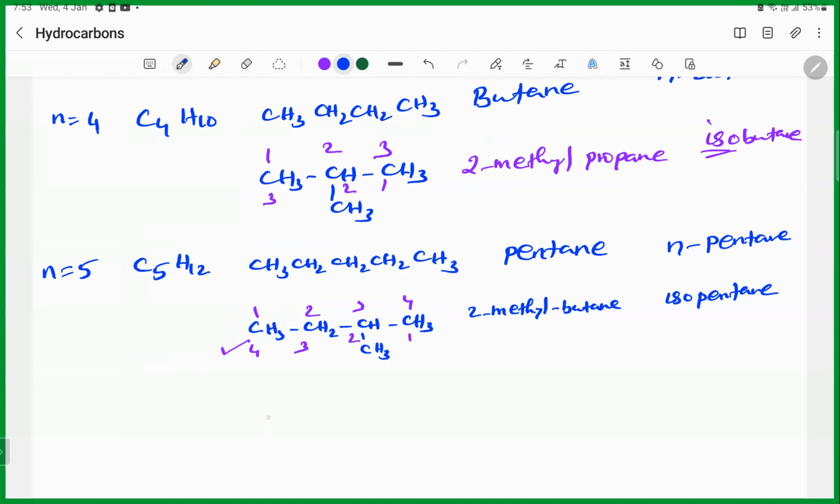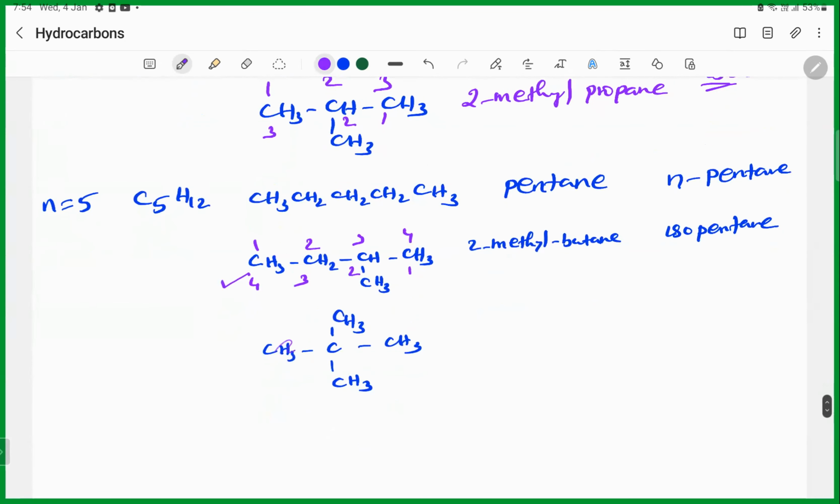Suppose the same compound I write as CH3, C, CH3, CH3, CH3. If you count, you will get C5H12. When branching, 1, 2, 3 or 1, 2, 3, it is one and the same.